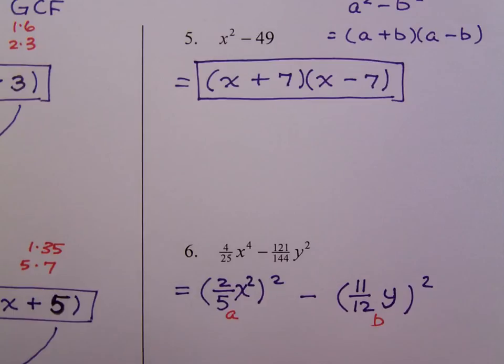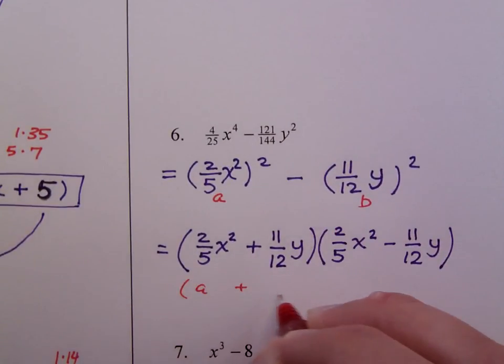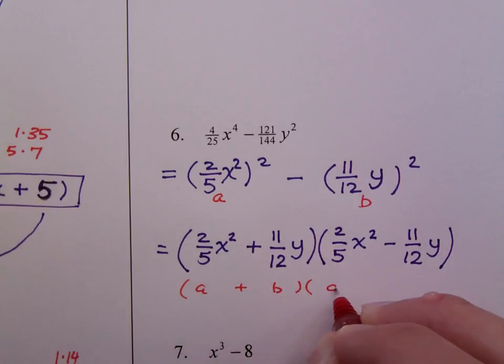So that when I factor this guy, it's just 2/5 x squared plus 11/12 y, and then 2/5 x squared minus 11/12 y. So once you identify where your a and your b are, you just very easily match it up into that form, a plus b times a minus b.